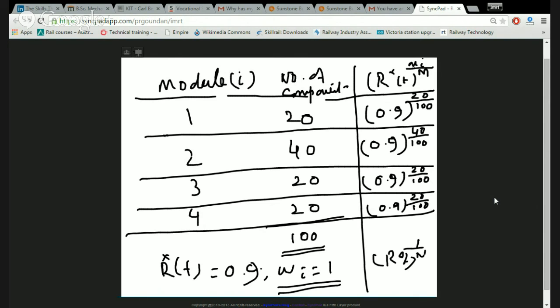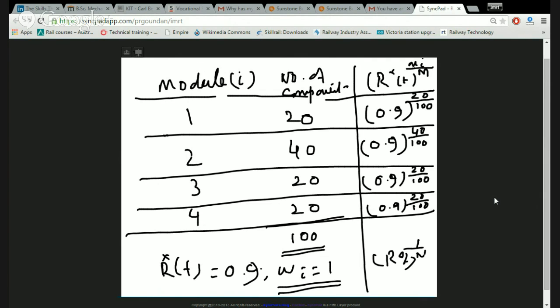How important is the module? If it will make the whole system fail, then the probability Wi is 1. If it doesn't make the whole system fail, then it has a probability less than 1. So I can afford to have a mean time between failure of small value. It means the failure rate is more because it is not so important in the system. Its contribution to the success of the whole system is less.